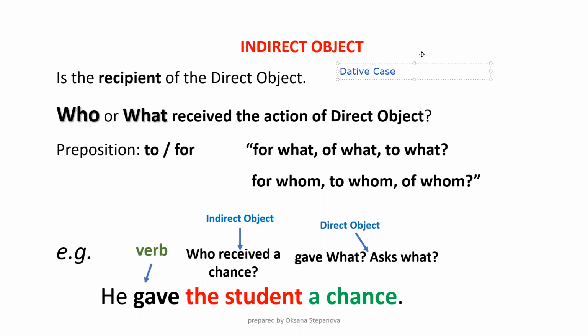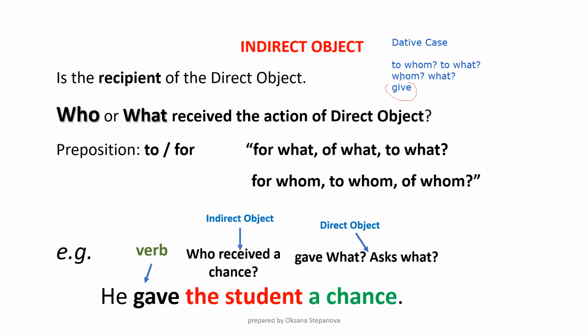So the dative case asks a question: to whom, to what, or simply whom or what. It can be said just whom or what, but after the word to give. To give, if you use this word, it's very important to use it as an example.